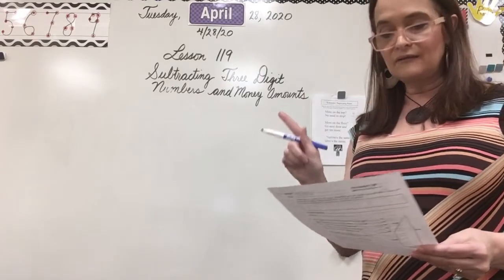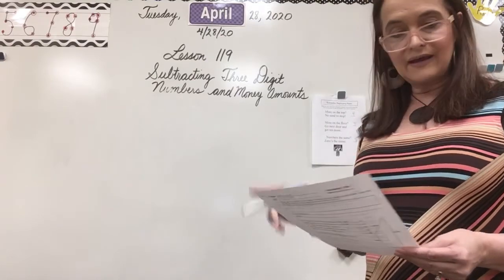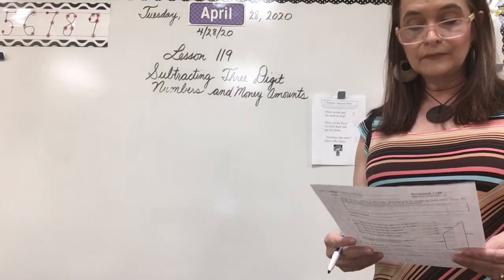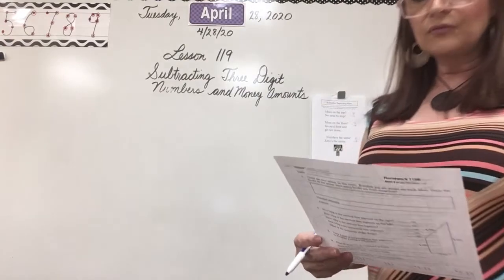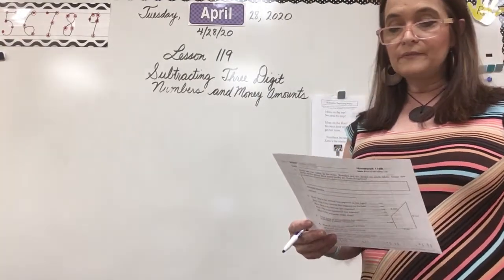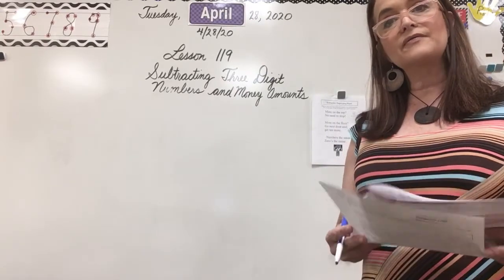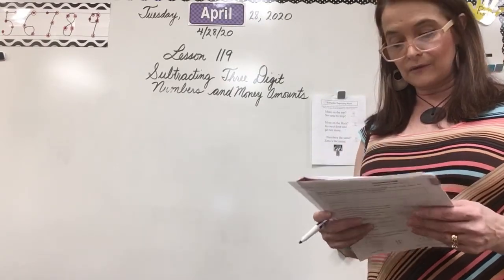Now, with your tracking finger, track along with me. There are 5 desks in the room. Alicia put 3 books on each desk. Draw the books on the desk. How many books are there all together?